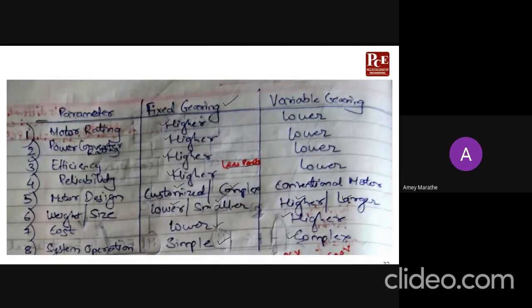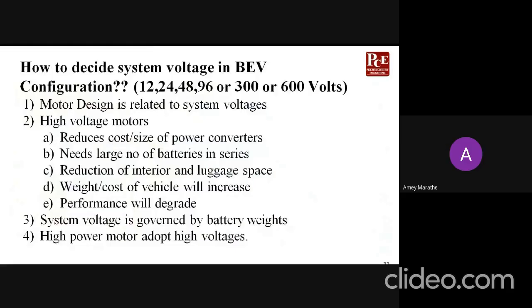All right, now the question is how to decide the system voltages in a battery electric vehicle. I'm sure the auxiliary battery will always be there in your battery electric vehicle as well, because a 12-volt battery will always be there.